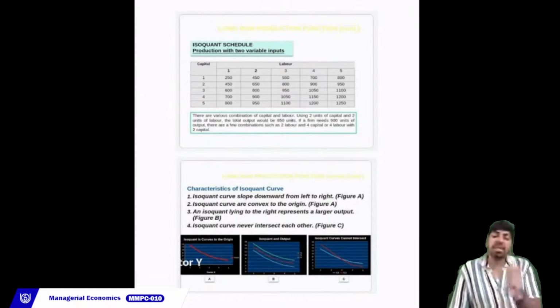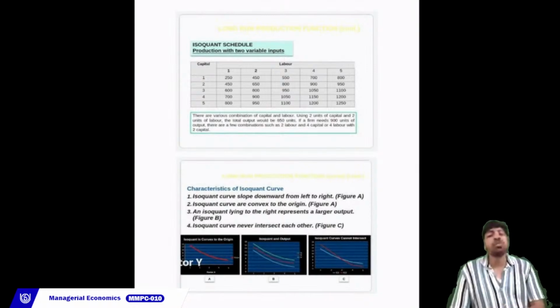Because every isoquant has a different level of output, that is IQ1, IQ2, or IQ3, and the higher isoquants portray a higher level of output, and accordingly the manufacturer chooses the higher level rather than remaining on the lower level of output.